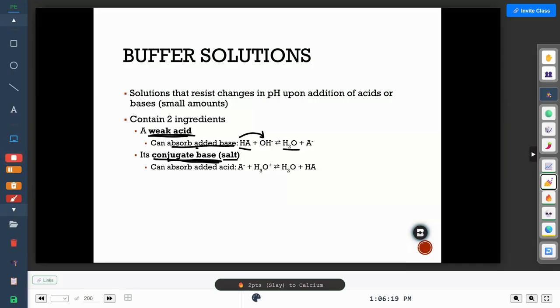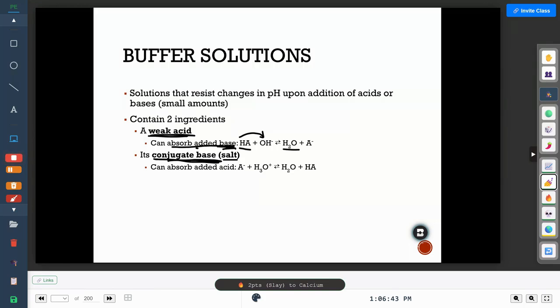Water's neutral. And so if I can take something that's acidic or basic and change it so that it's not either of those, then that's going to be a buffer. In this case, it's taking a base, which would normally make our pH go up. And instead of making it go up, it's like, oh, here you gave me base, I give you water. Okay, easy. Now it doesn't have much of a pH change.